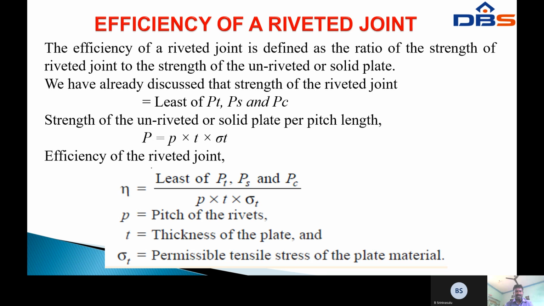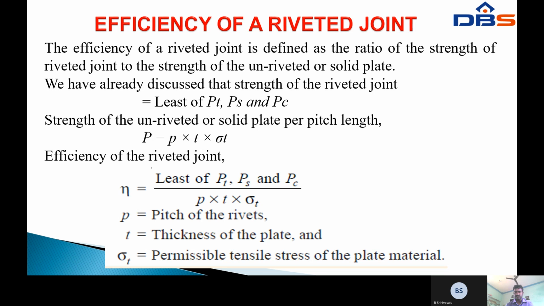We have already discussed that the strength of the riveted joint equals the least of Pt, Ps and Pc. The strength of the unriveted or solid plate for pitch length p equals p into t into sigma t. The efficiency of the riveted joint equals the least of Pt, Ps and Pc divided by p t sigma t.